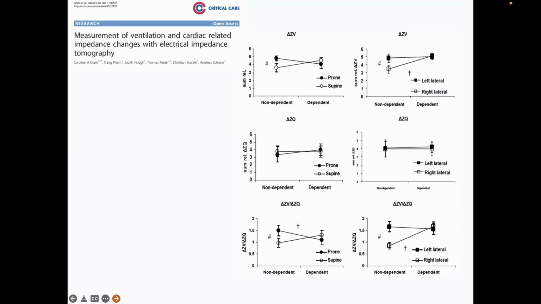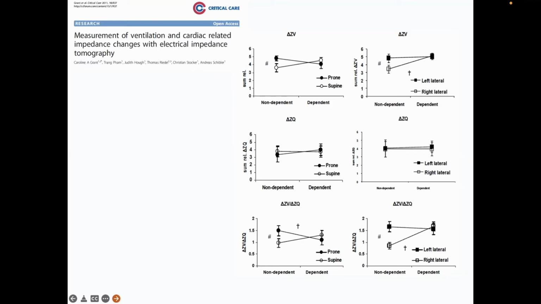Now in supine position, you can see the dependent part has a greater signal compared to the non-dependent. Whereas in prone, we can't really prove the same, can we? Because we would expect a similar behavior between non-dependent and dependent. So in prone position, gravity or position change doesn't affect it that much.